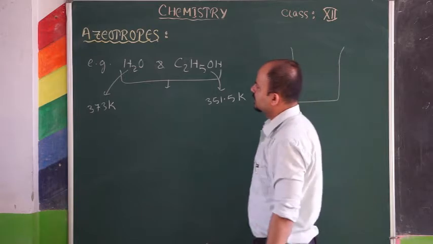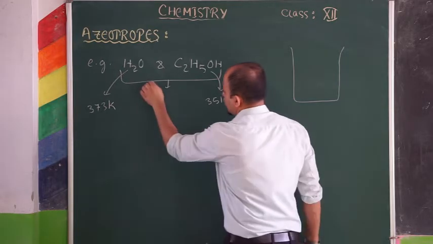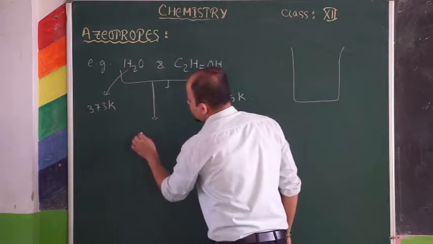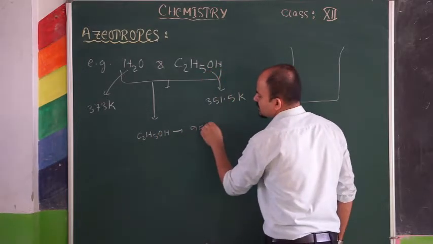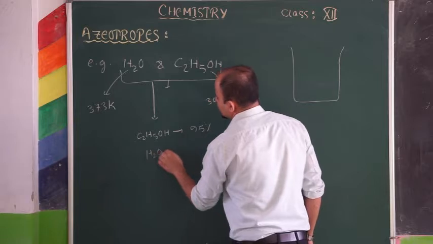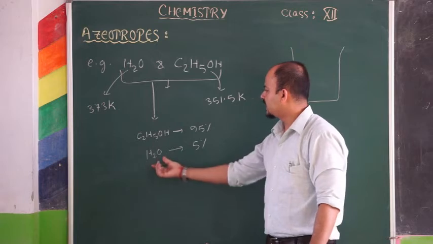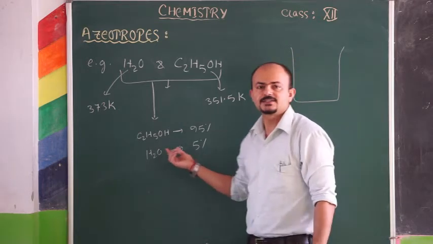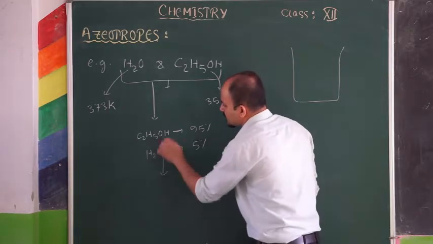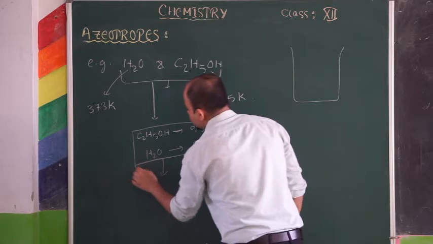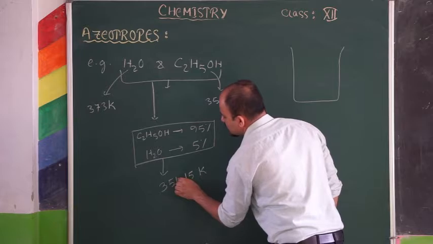At a certain composition, when ethyl alcohol is approximately 95% and water is about 5% in the mixture, and the temperature is 351.15 Kelvin, you have to remember this.